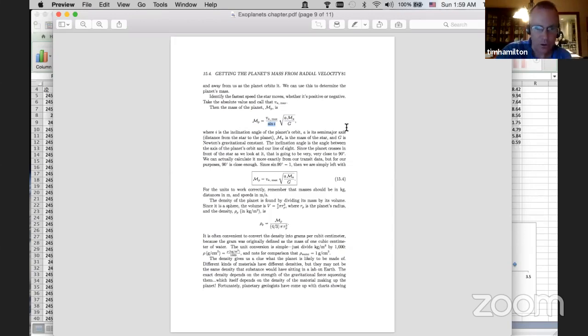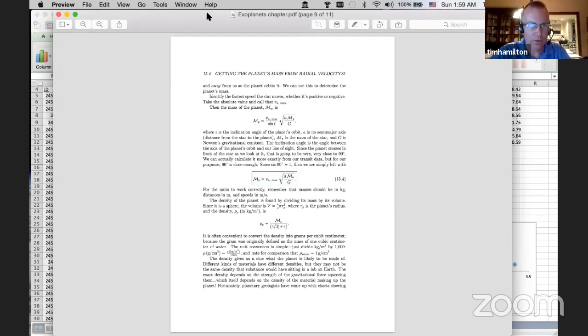And so the inclination angle is 90 degrees. Okay, very, very close to 90 degrees, I say there. It could be a fraction of a degree off, but we don't really care about that for this purpose. And so the sine of 90 degrees is 1, and so our equation simplifies. There it is, equation 15.4.